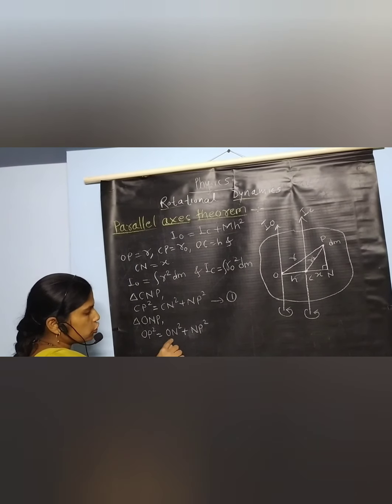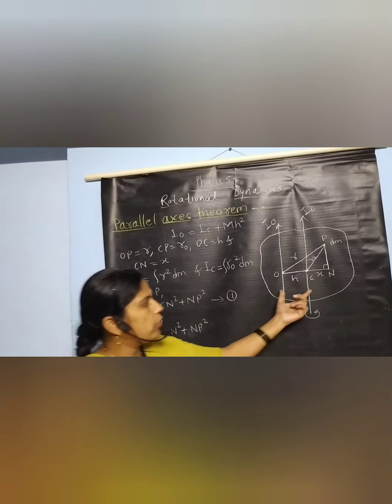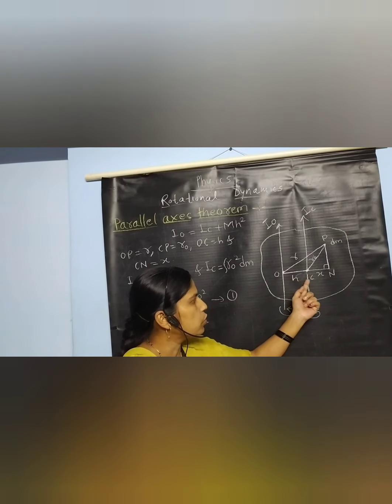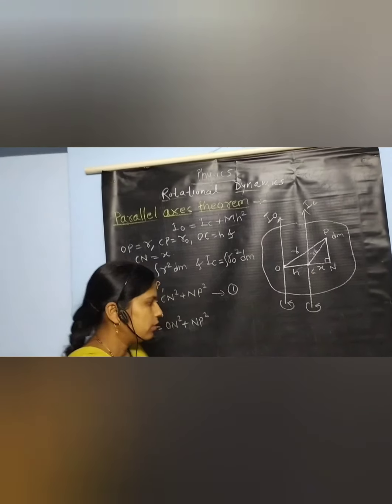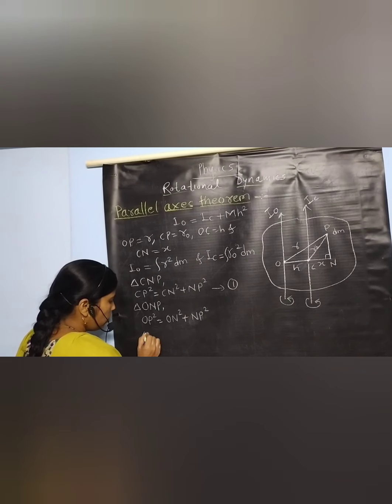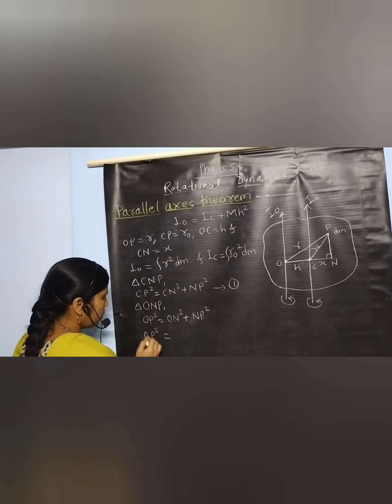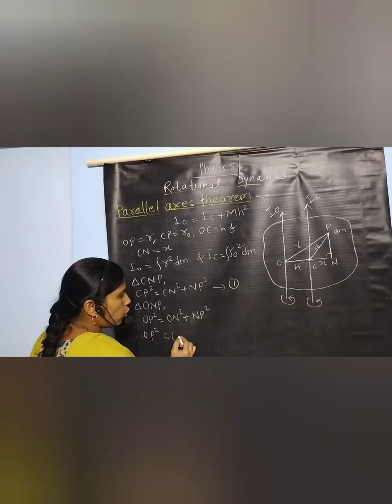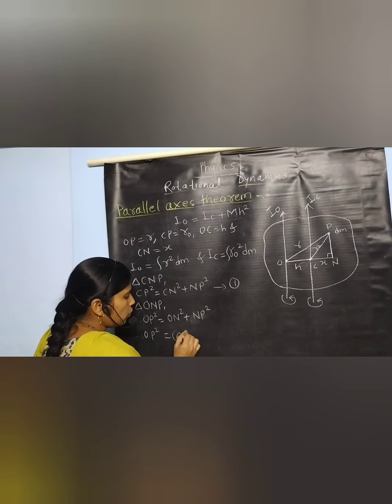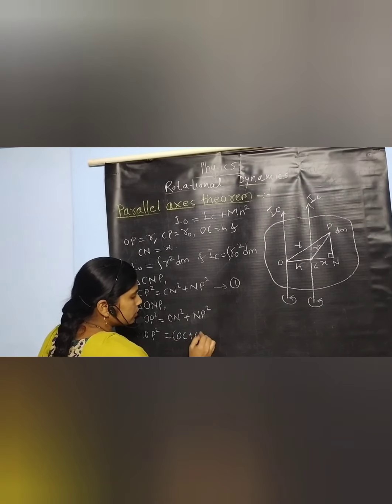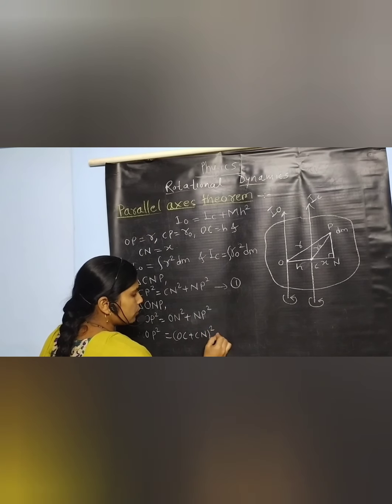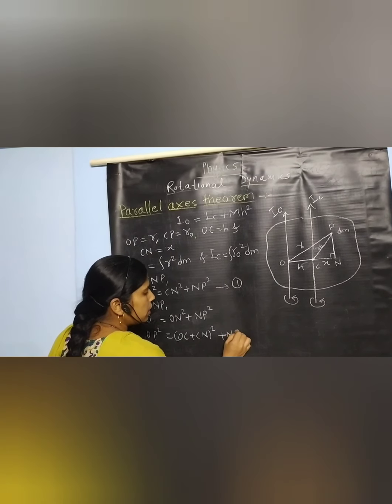Okay, in which ON is nothing but OC plus CN. Therefore we are getting here OP square is equal to (OC plus CN) bracket square plus NP square.